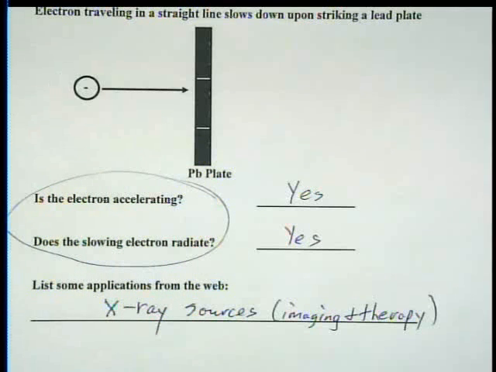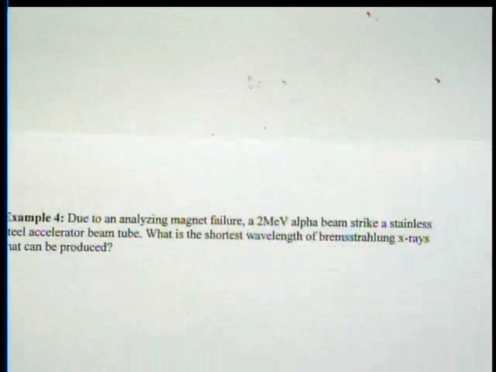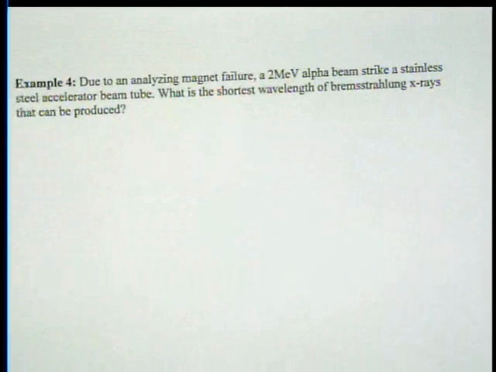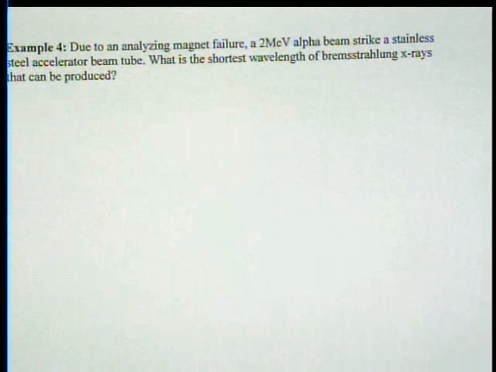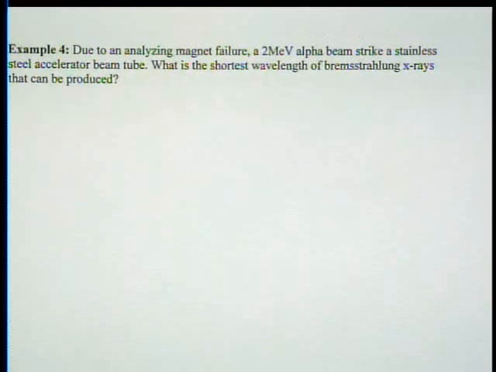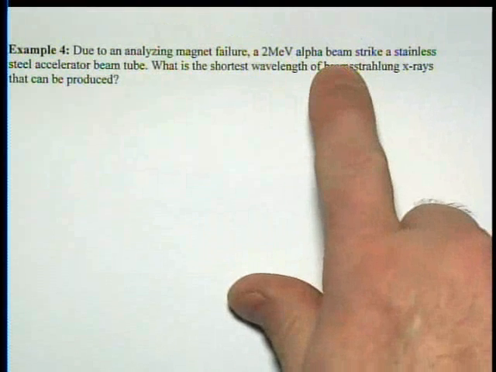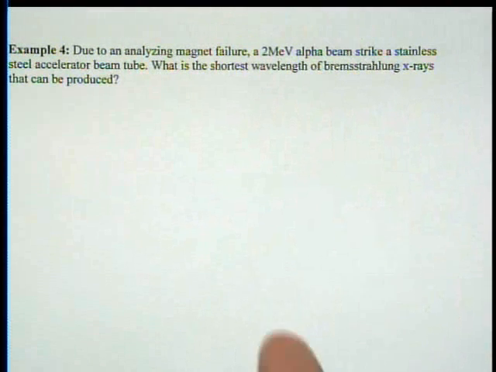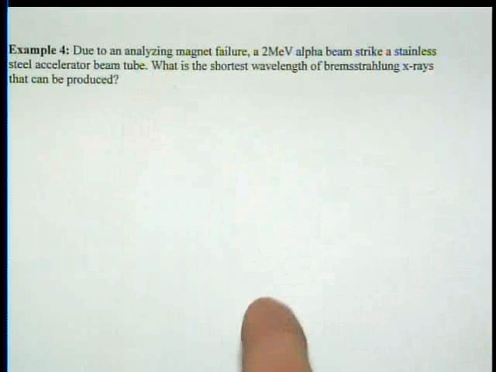All right, I had a numerical problem on this particular set of stuff, I believe. Problem number 4. It says you had an analyzing magnet failure. This is often true. You have a magnet that's causing maybe a particle to bend in a device, and you happen to have this alpha beam, and when it failed, instead of making the turn like you wanted, it goes straight and smacks into your stainless steel pipe.